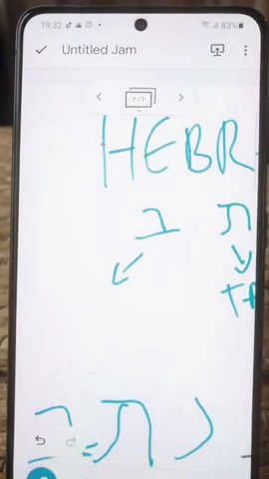And then we put the vowels. Ka, ta, ba. For the female, it's this way. Ka, ta, ba.